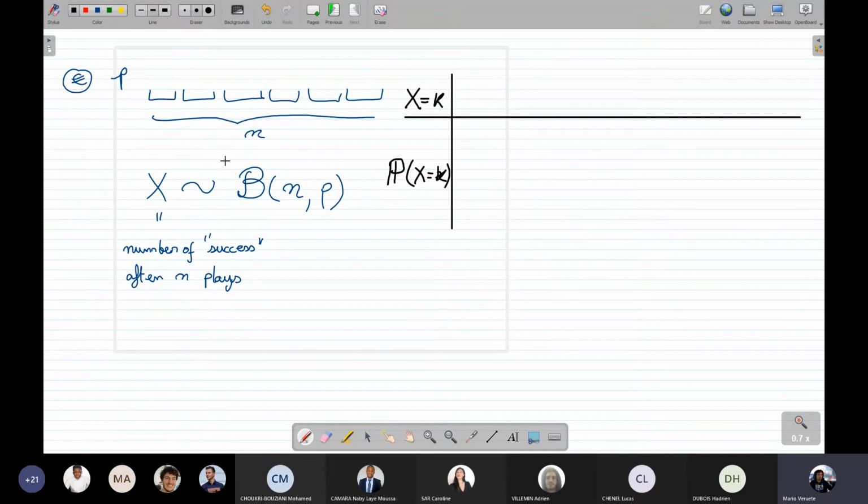What's the minimal value for X? It's 0. Perfect. And what's the maximal value? N. Perfect.